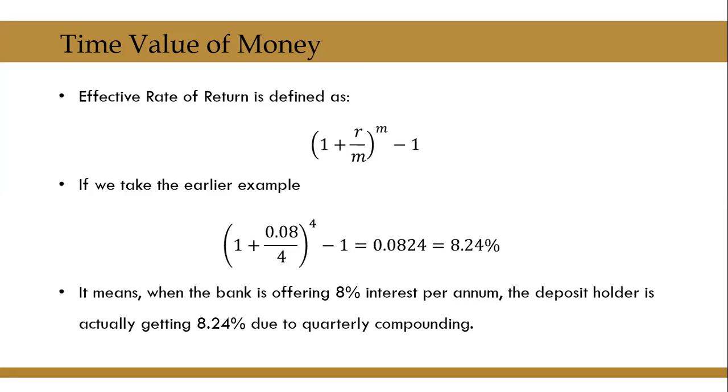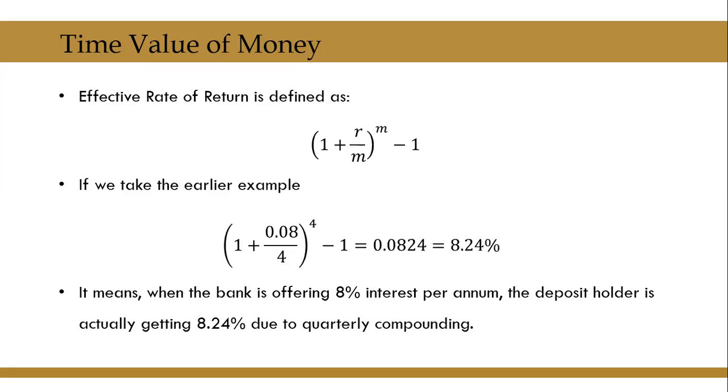Converted into percentage, it becomes 8.24%. So what does it mean? When the bank is offering 8% interest per annum, since the deposit is a cumulative deposit where the compounding happens quarterly, the investor actually gets 8.24%. This is something which we have to always remember, because offered rate is always expressed in annual terms.